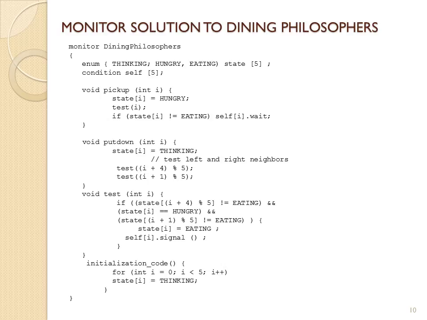Now, in the put down, when a philosopher decides it doesn't want to eat anymore, it's going to test its neighbors to see if they are waiting. In this monitor solution, the one who puts down the chopsticks will then signal the ones who are waiting that they can come and pick up the chopstick they were waiting for.